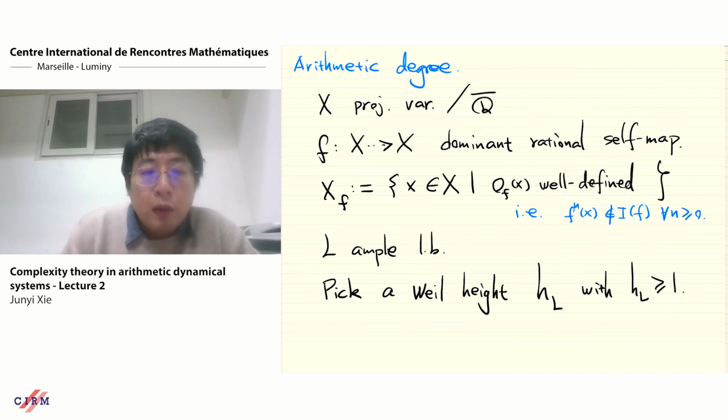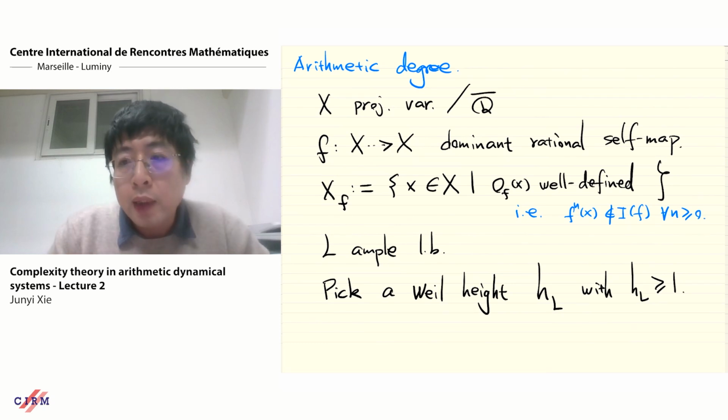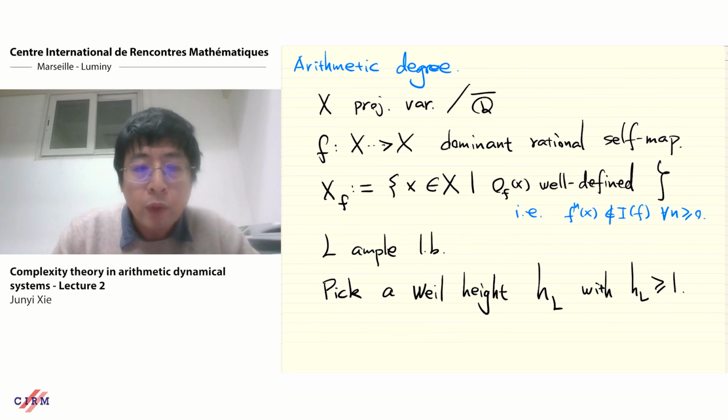So let X be a projective variety defined over Q bar, and f from X to X is a dominant rational self-map. And we define X_f to be the set of x whose orbit is well defined, which means that for every iterate f^n(x), it is not contained in the indeterminacy locus of f.